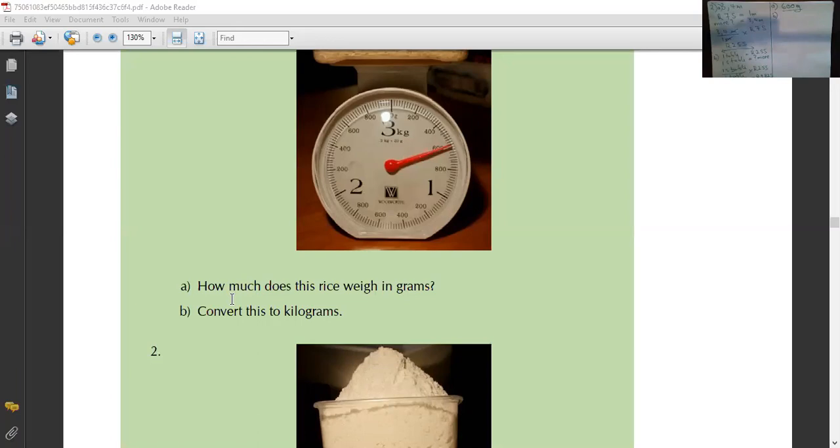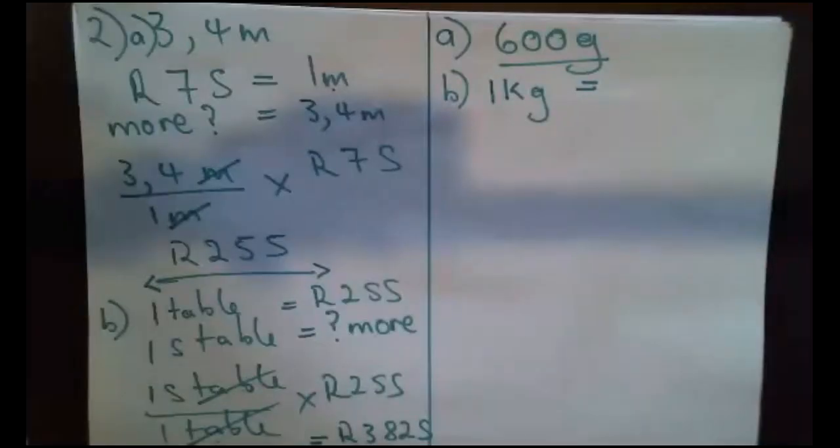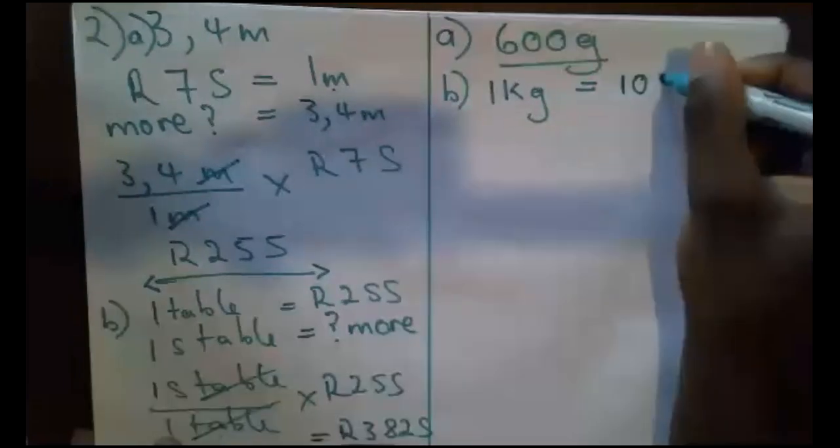Again, guys, I don't want to sound like a broken record, but this is the thing that works. Whenever you get stuck, look at the information that you have, especially on questions that require conversions. Look at the quantities that you are given. In this instance, we should remember that 1 kg is equal to 1,000 grams.